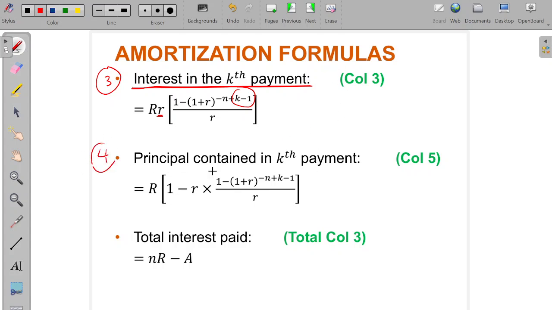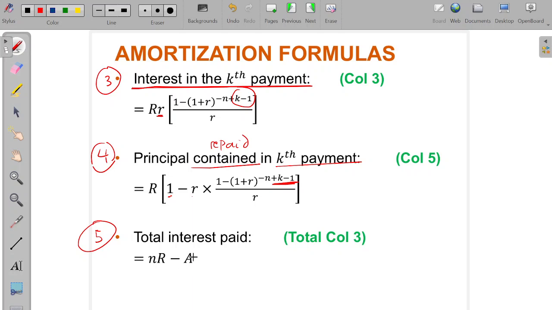Number 4, principal contained or principal repaid, in the Kth payment. You multiply by R, then you subtract them from 1. And then the last one is the total interest.